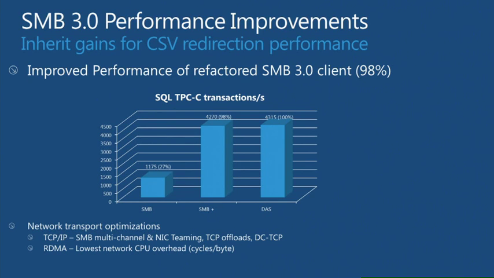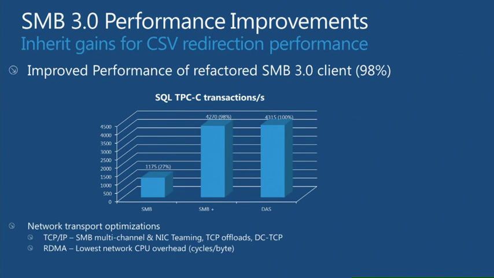CSV leverages all the gains of SMB 3.0. So SMB is using optimizations such as RDMA and copy offload. The SMB that you're used to, for a certain workload, had around 27% of the performance of DAS, or direct attached storage.